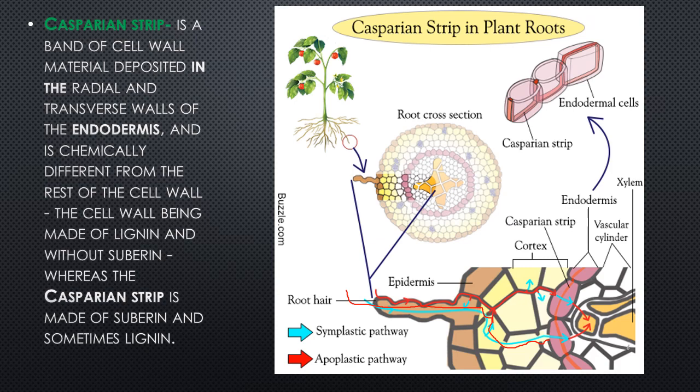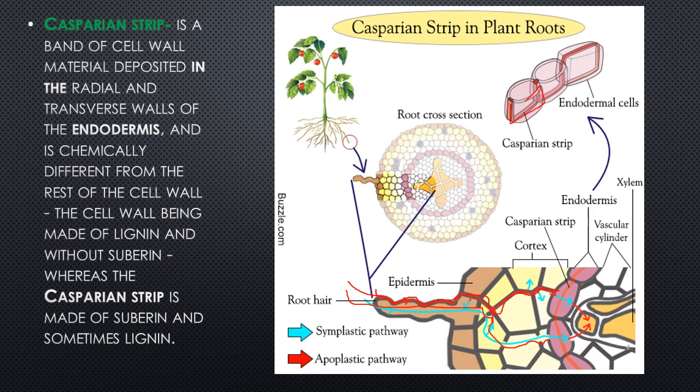Apoplastic means that the water comes on the outside of the cell wall of the root hair, and then basically between all the cortex cells, but then it hits our Casparian strip. Remember we said that water couldn't go past that. So if you look up here, this is what that Casparian strip looks like.